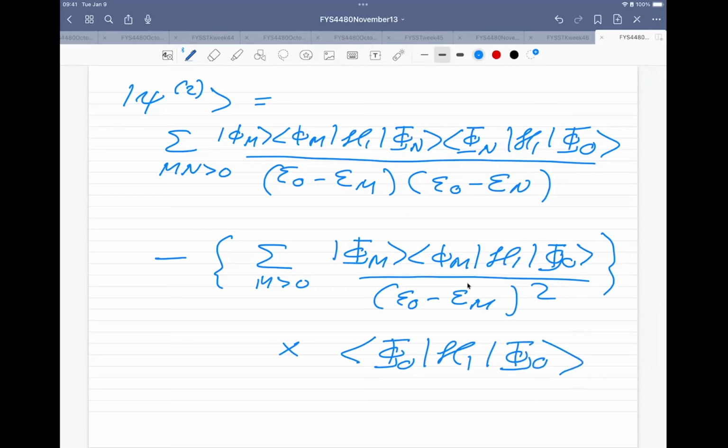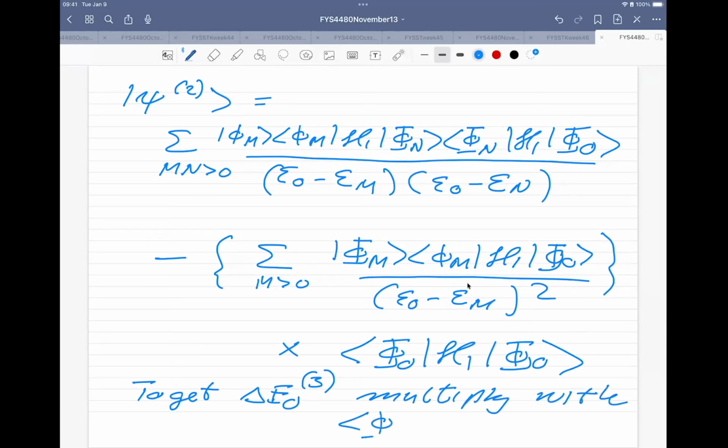And this is a term which then gives what we call an unlinked diagram. So to get the total energy, to get delta E0 to third order, then we simply multiply with phi 0 and h of I on the left. And then we get the energy.